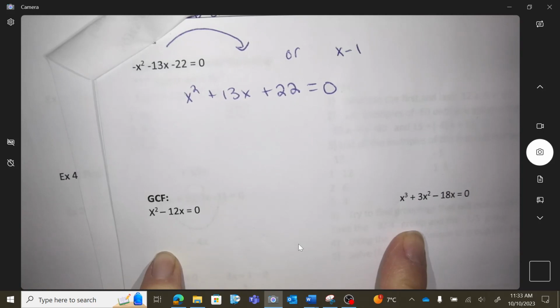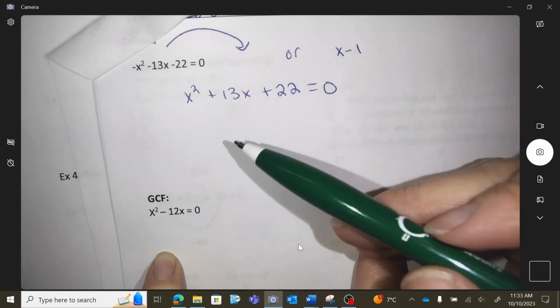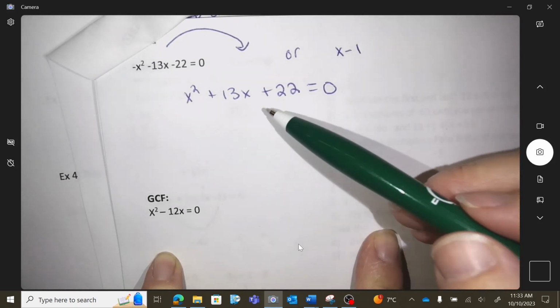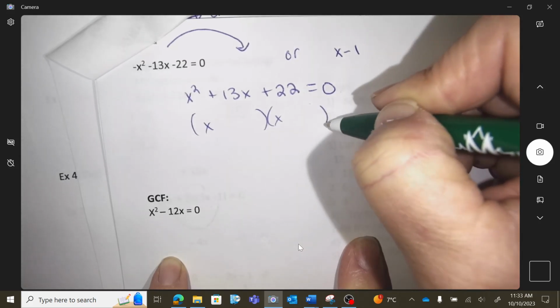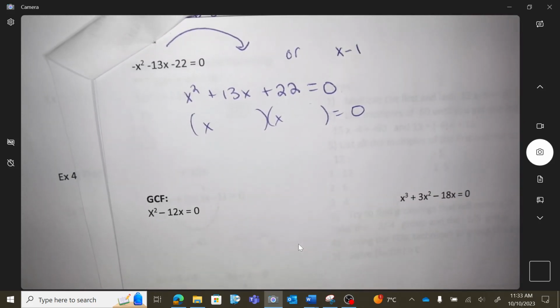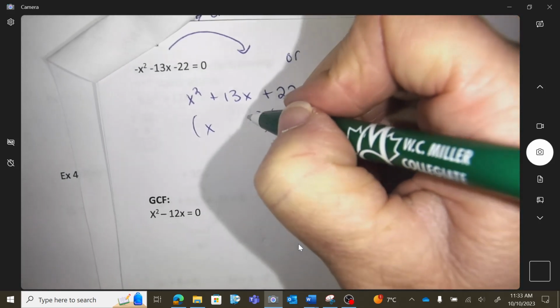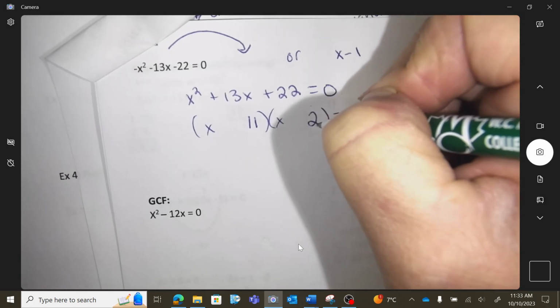Okay, now I can factor this. This looks a lot easier. So did you see how I changed the signs to everything? So x times x, can you think of multiples of 22, and then those numbers would get you 13 on the add? 11 times 2 is 22.